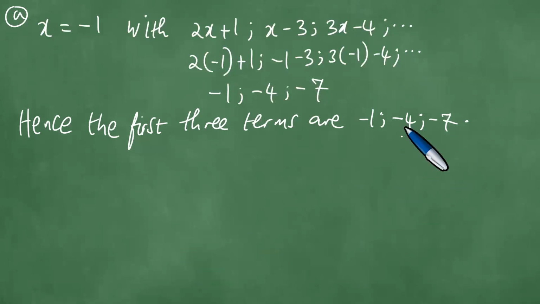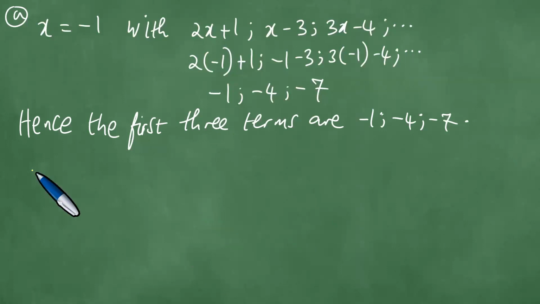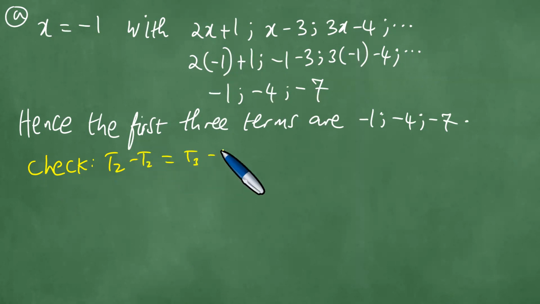Now you can check these terms. Do they form an arithmetic sequence? They did not ask us to check, but you can do a check. So we're going to do T2 minus T1, and it must be equal to T3 minus T2.